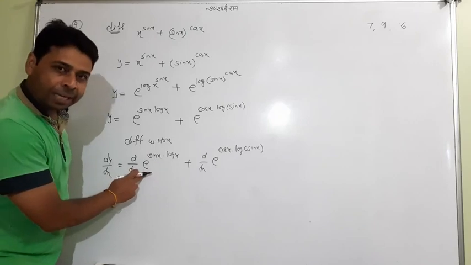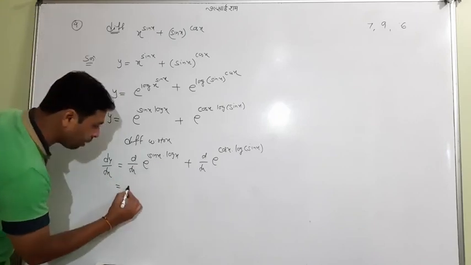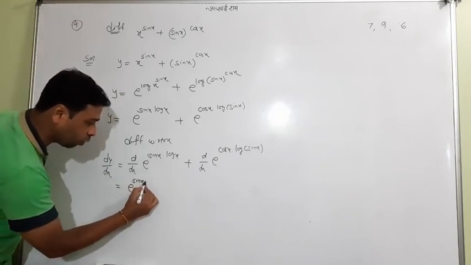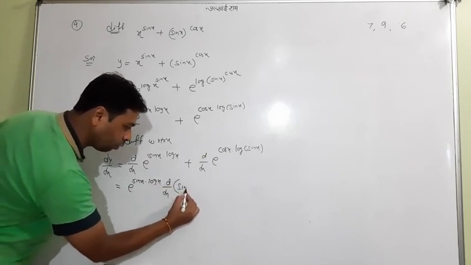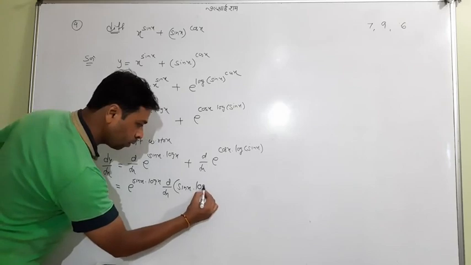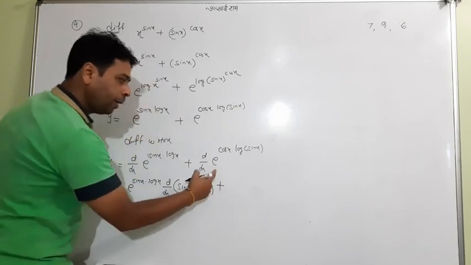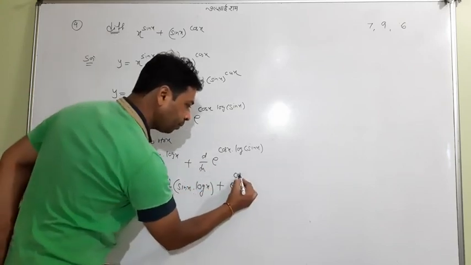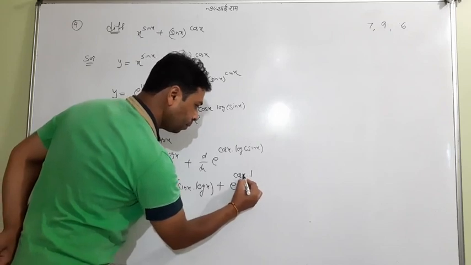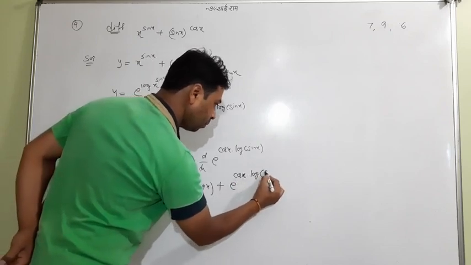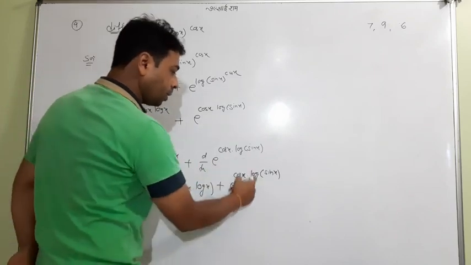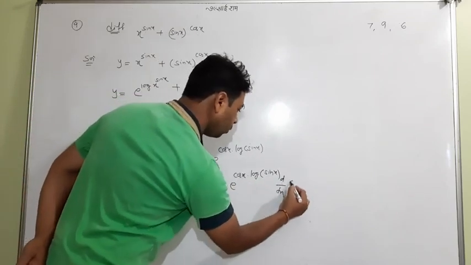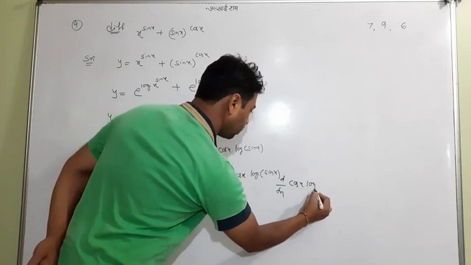So first e to the power sin x into log x, and again the differentiation of sin x into log x. Same here: e to the power this is the same, and again the differentiation of cos x into log sin x.